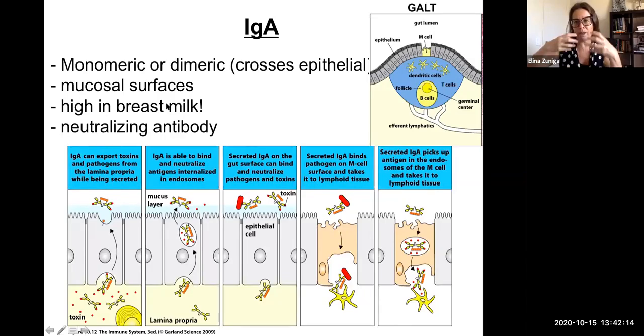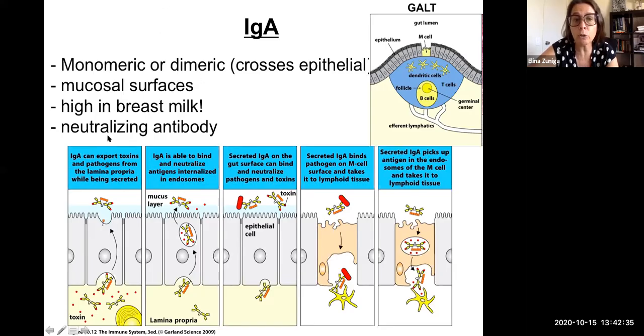So when the baby drinks the breast milk, the IgA will protect the baby from outgrowth of commensals in the gut, for example, and potential dysbiosis that could cause inflammation or disease.